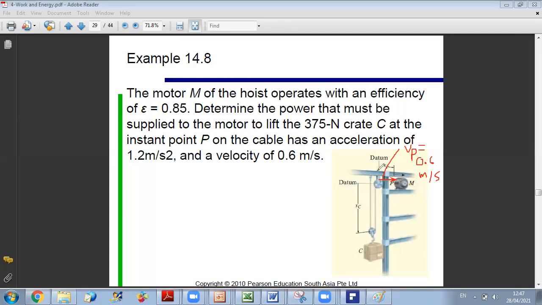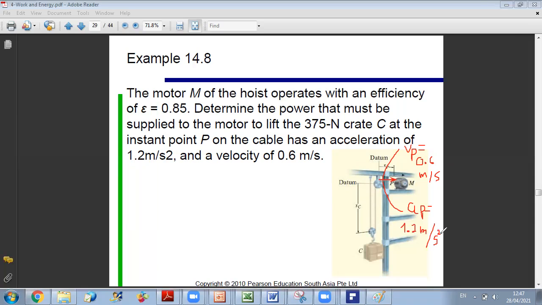And concerning acceleration, we also know that the acceleration at P, so the motor is driving the cable at a certain acceleration, equals 1.2. And we want to determine the power that must be supplied to the motor. So we should determine the power input.